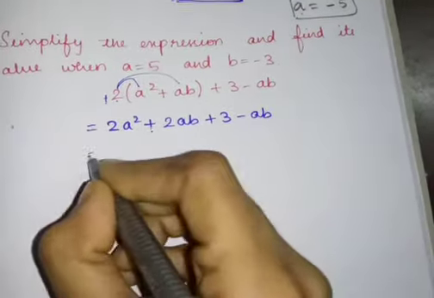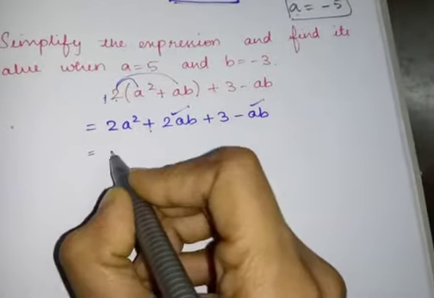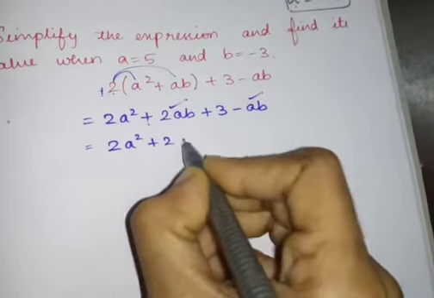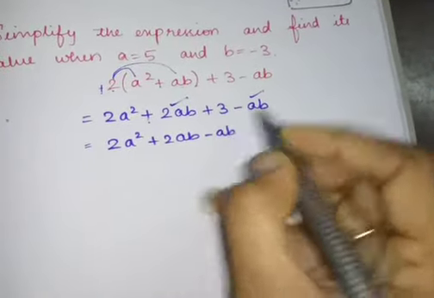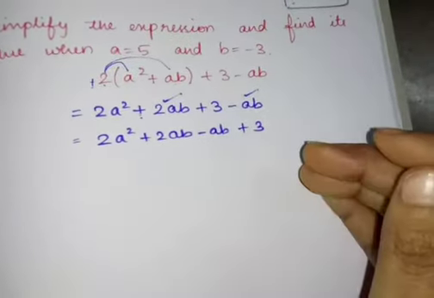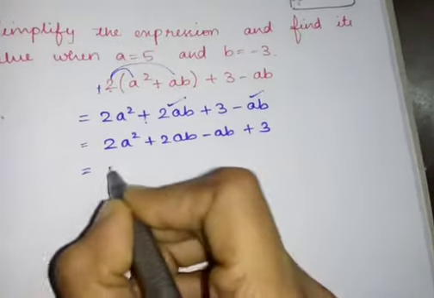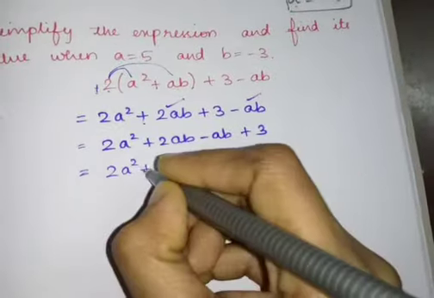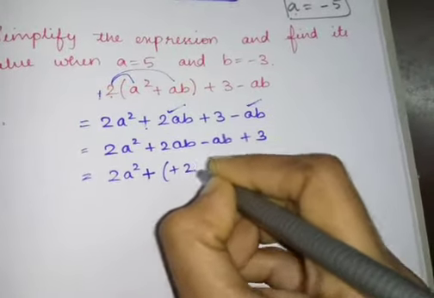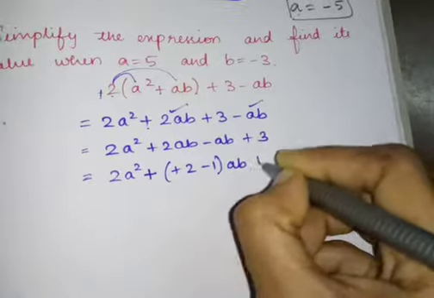Now arrange the like terms. These two are like terms, correct? 2a square plus 2ab minus ab plus 3. I have arranged all the like terms together. Next, 2a square plus 2 minus 1 into ab plus 3.